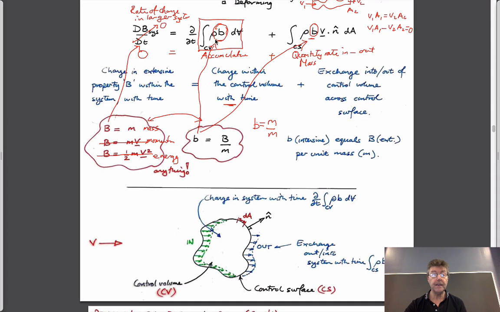So in other words, b here is just going to be 1. And the value of B here is just going to be equal to mass. But we've said we're going to assume that the change of that in time is 0, and so that falls away. So this term is still 0.